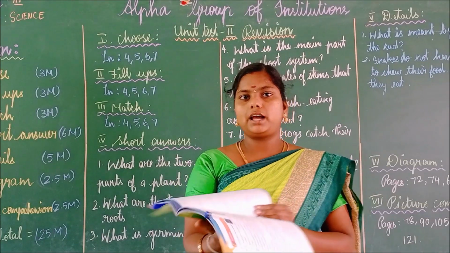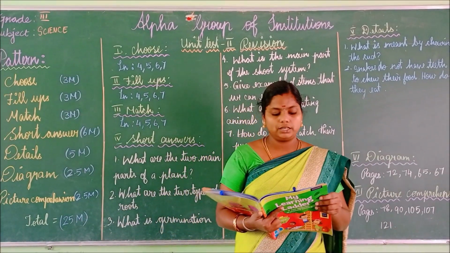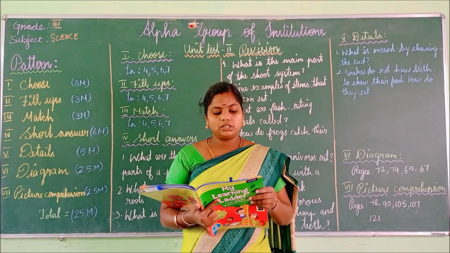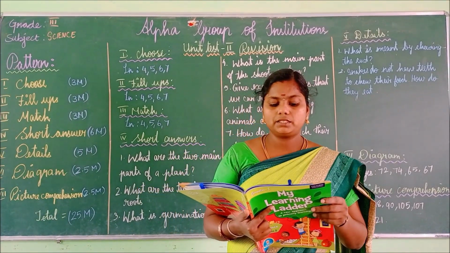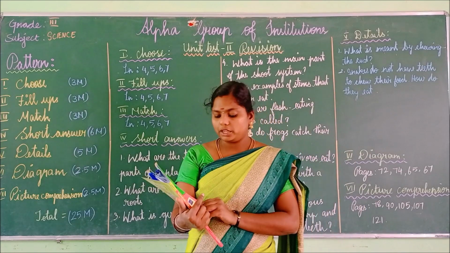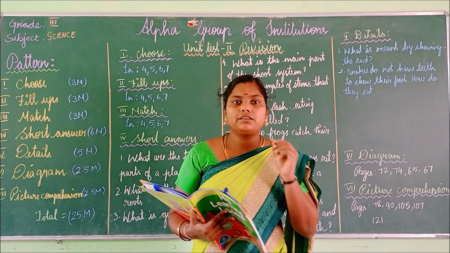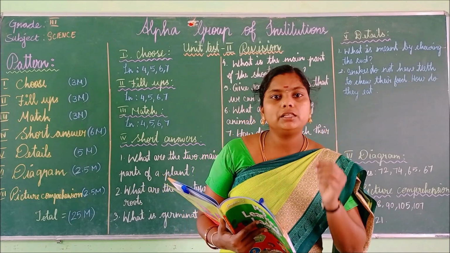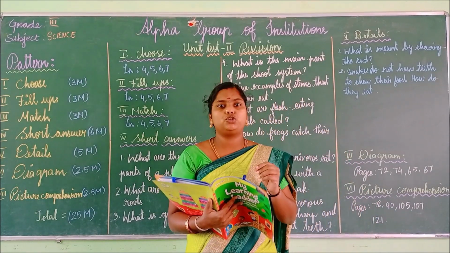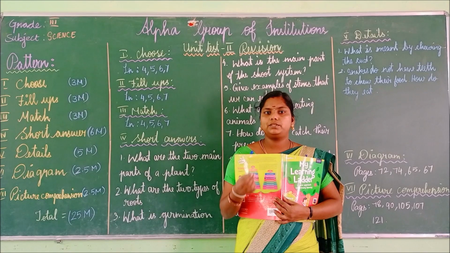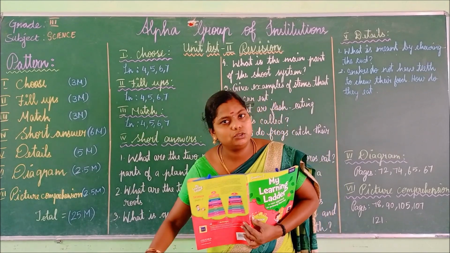Shall we start it now? The first question, which part of the plant helps in preventing soil erosion? So soil means our soil is down on the ground.